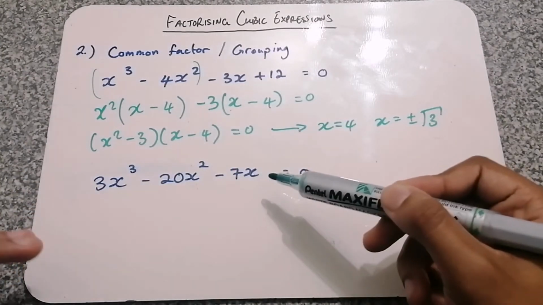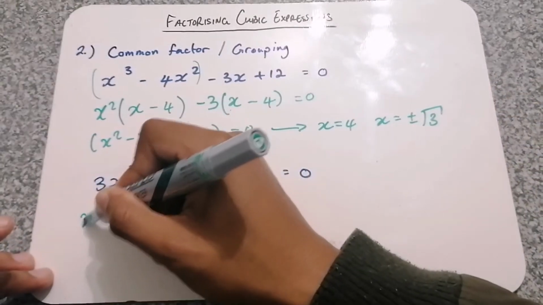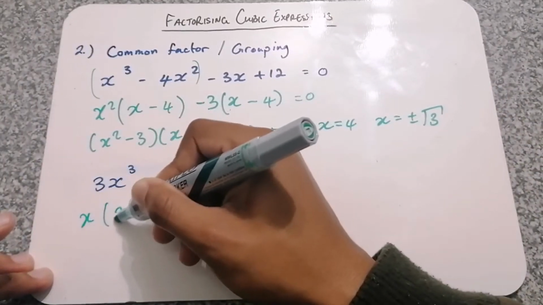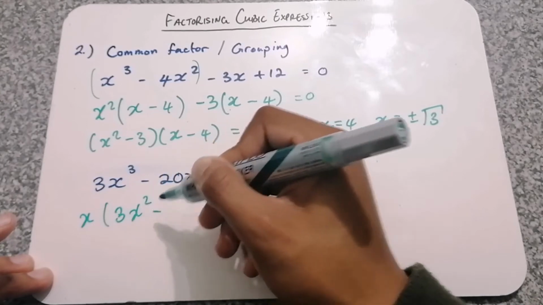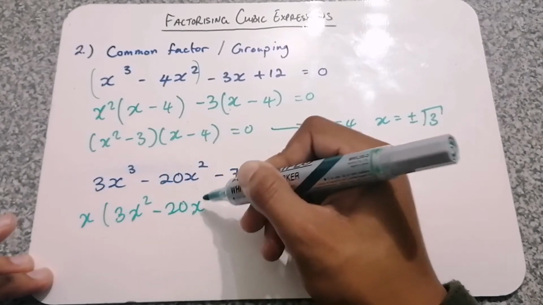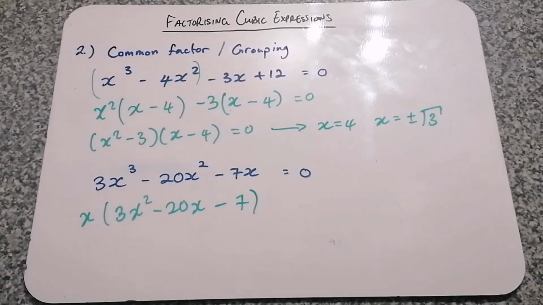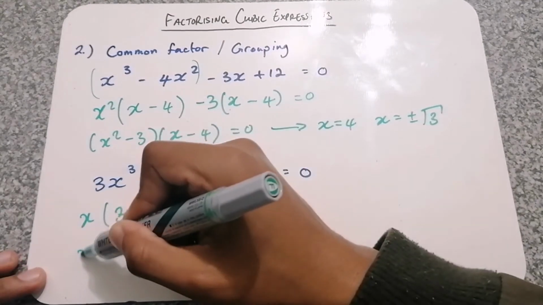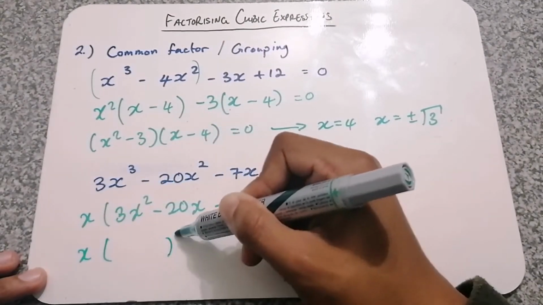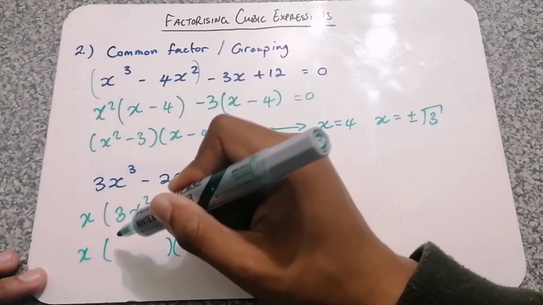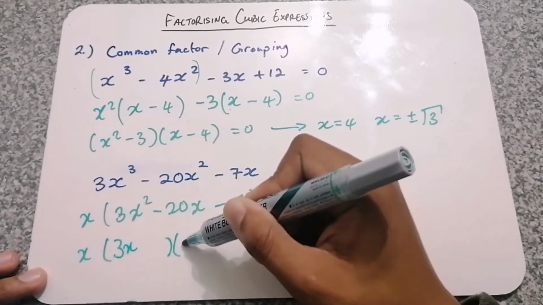All of these terms have an x in them, so I can take out a common factor of x. This is the highest common factor I can remove from the equation. Now I just have a trinomial, so I can factorize that trinomial. It's going to be 3x and x.